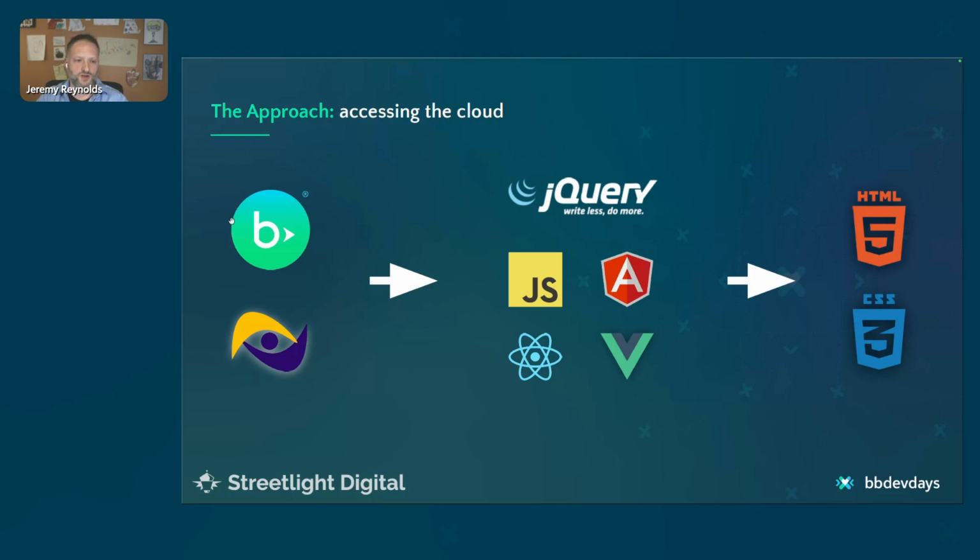So there's a bunch of different ways that we can do this, but in the core, we're going to get what's in the cloud. We're going to mess around with it somehow in our development stack, usually using some form of jQuery or JavaScript, Angular, Vue, or React, some sort of JavaScript framework that can grab things in real time and update the page. And then we're spitting it out into HTML and CSS.